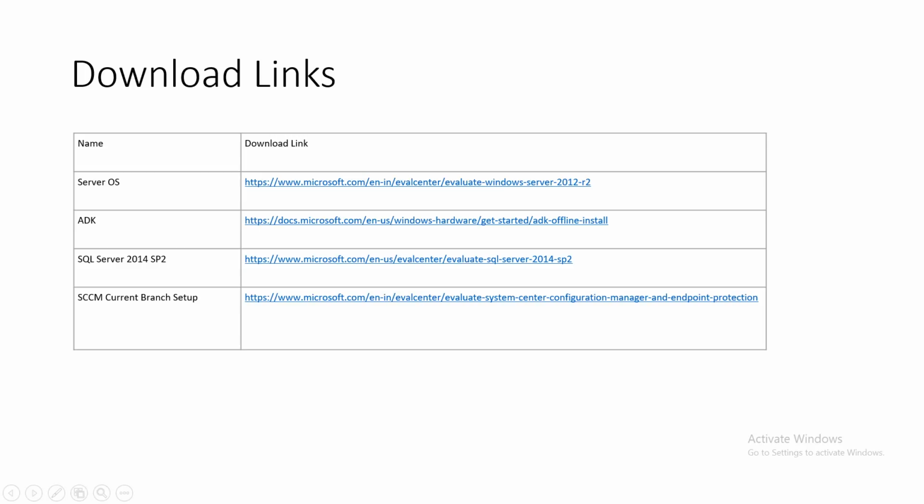You can download Server 2012 R2 from the given link, and we will require ADK, Assessment and Deployment Kit, which you can download from the given link. We also require SQL Server, any compatible version, but in this video we will use SQL Server 2014.